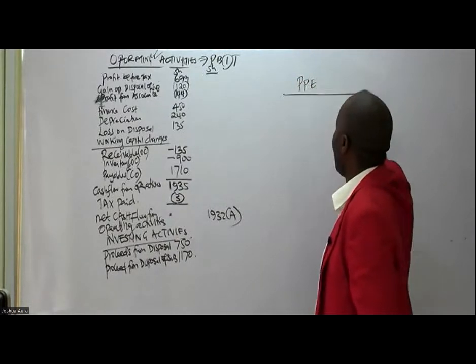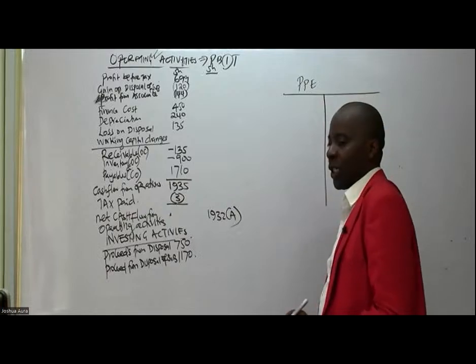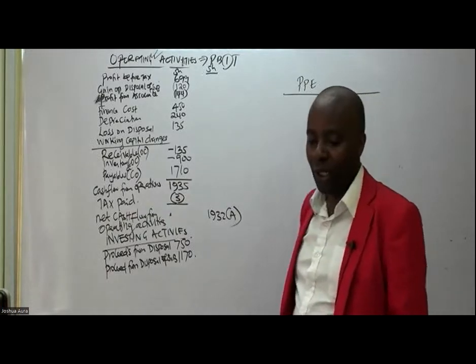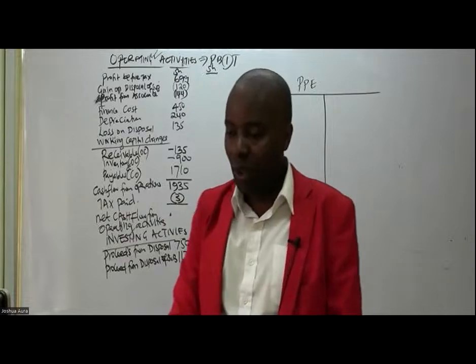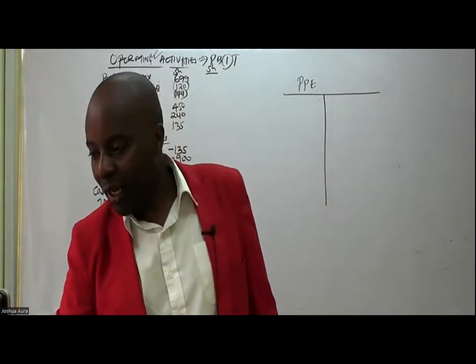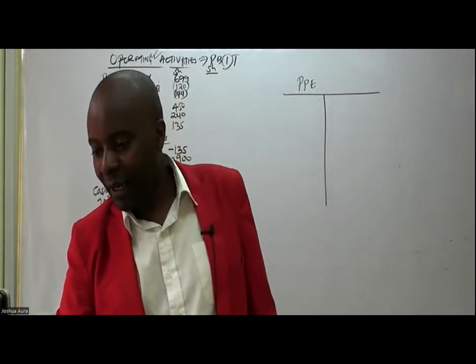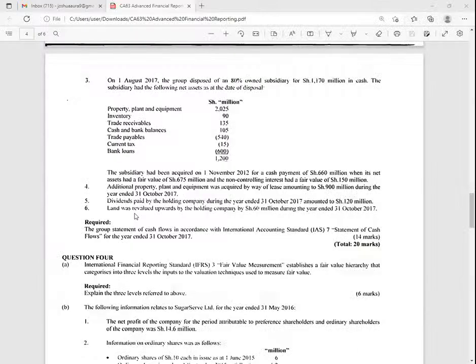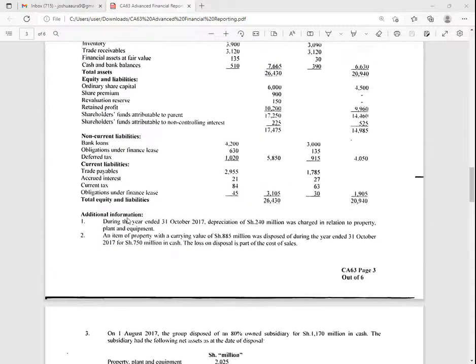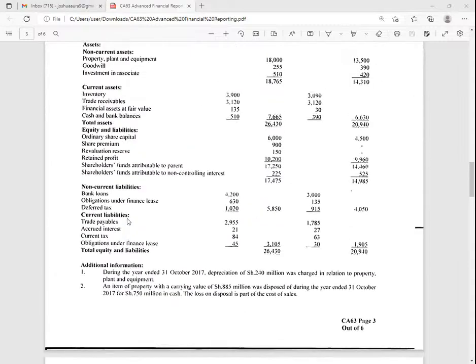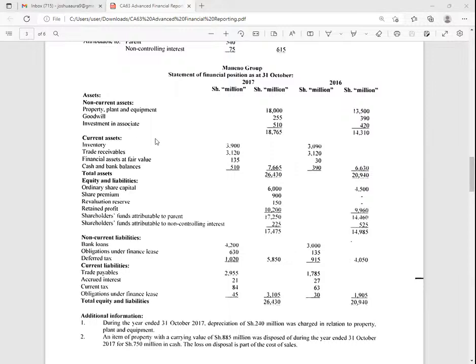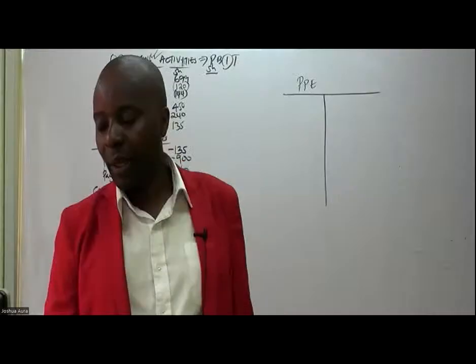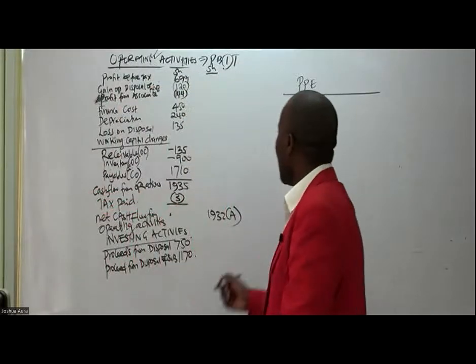Very important. As you get used to this, of course, you shall be able to do away with these T accounts. But for now, let's work it out. So we have, ladies and gentlemen, here, property, plant, and equipment brought forward. I can see 13,500, carried down 18,000. In this case here, it's an asset.